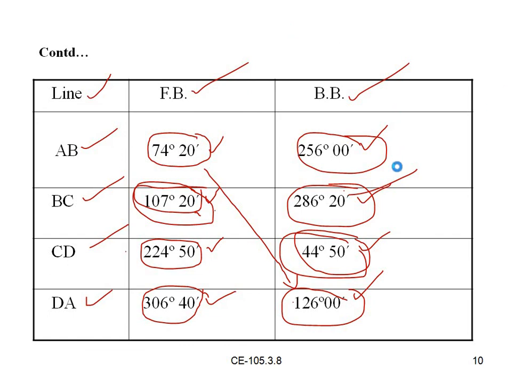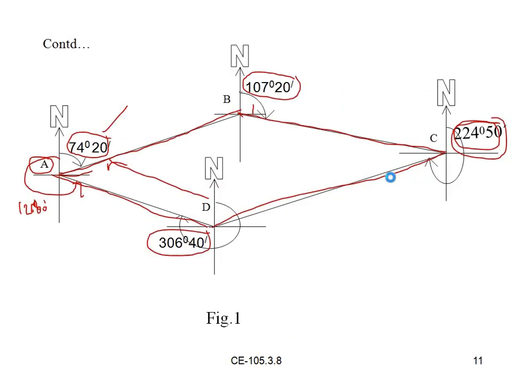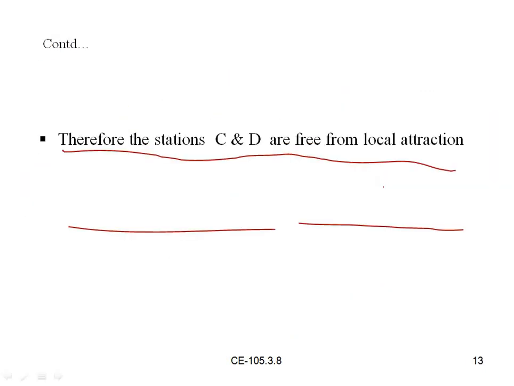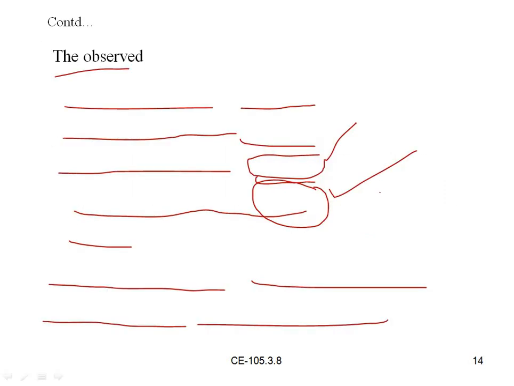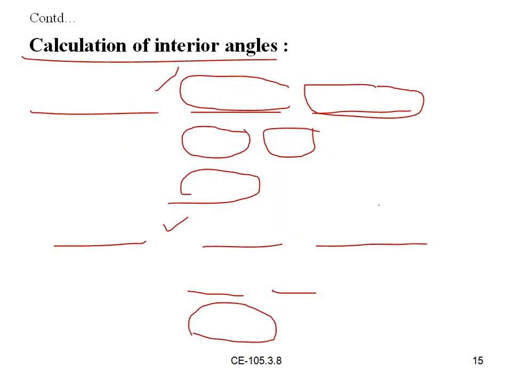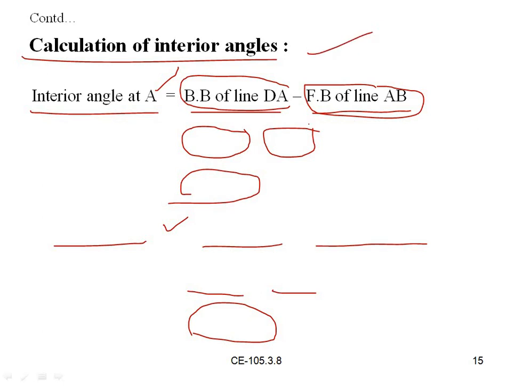Let us see here once again. In the forward bearing and back bearing, these errors occurred, and the diagrams should be shown on paper. For this calculation of interior angles, we have to start with the corrected points.